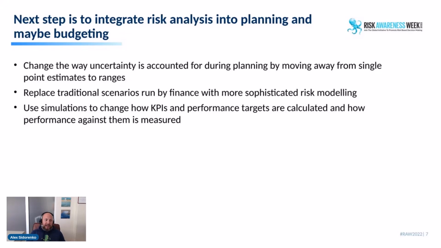Okay, the next big step in risk management too is to start playing a role in planning, maybe budgeting, although I'm kind of less optimistic about budgeting, because budgeting is usually quite political and interpersonal.